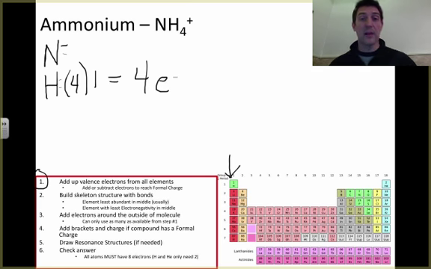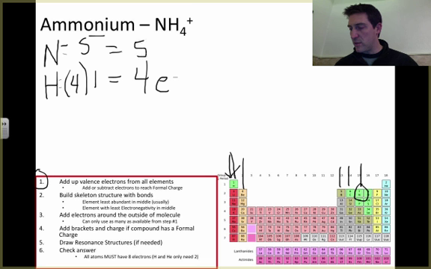E negative is abbreviation for electrons. And I find nitrogen, it's over here in the 1, 2, 3, 4, 5. That means it has 5 valence electrons. I'm just going to move it over here to make it easy. I add these up. 5 plus 4 gives me 9 electrons.